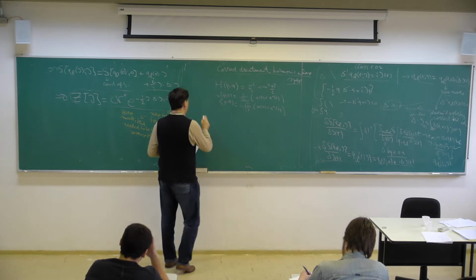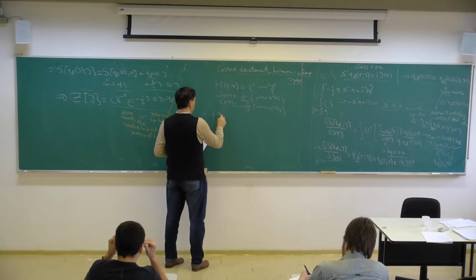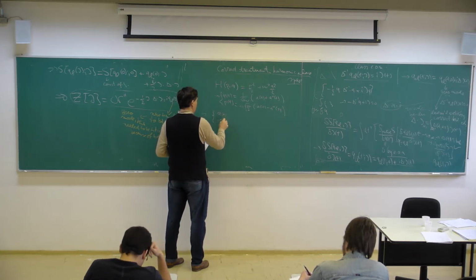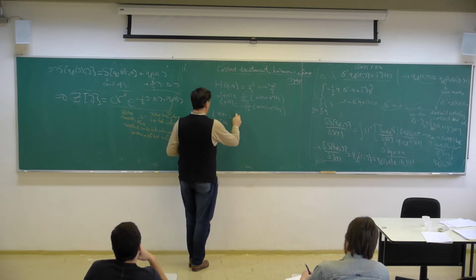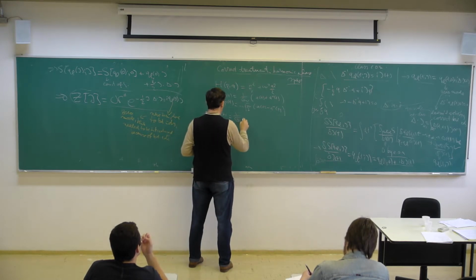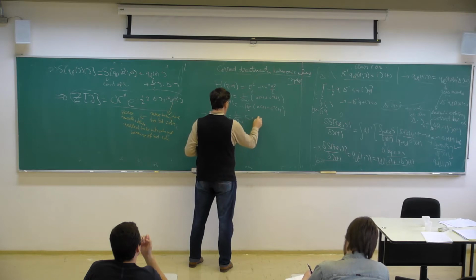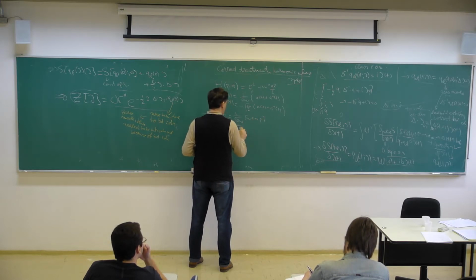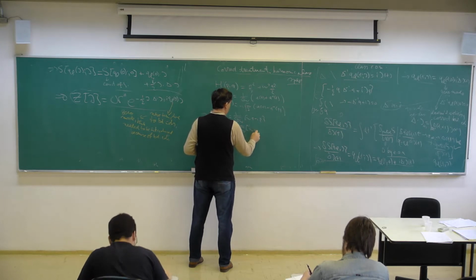And reversely, we wrote a and a dagger as 1 over square root 2 omega, omega q plus or minus ip.